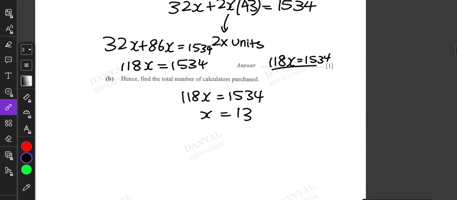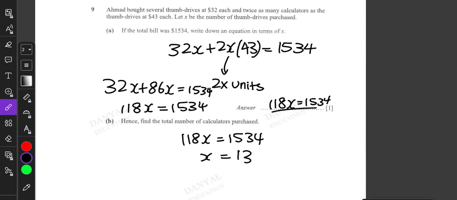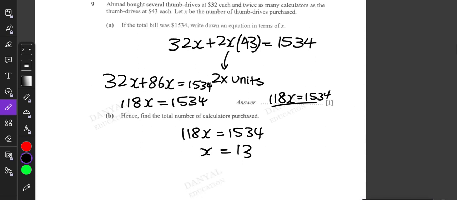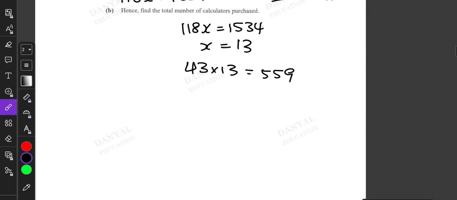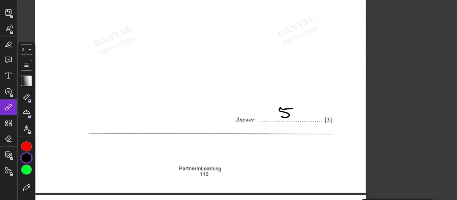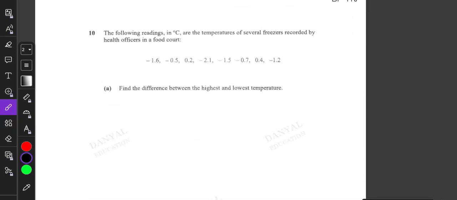X is 13, and twice as many calculators as purchased will be 43 times 13, which will give me 559. Okay, next one. Question 10.